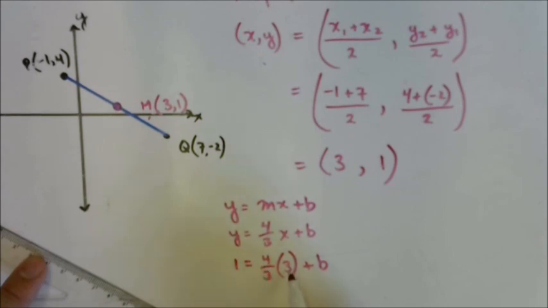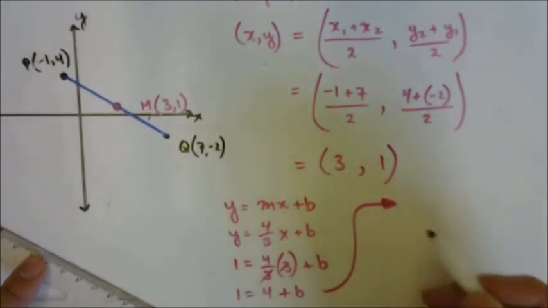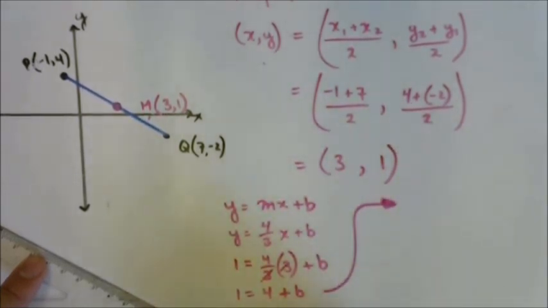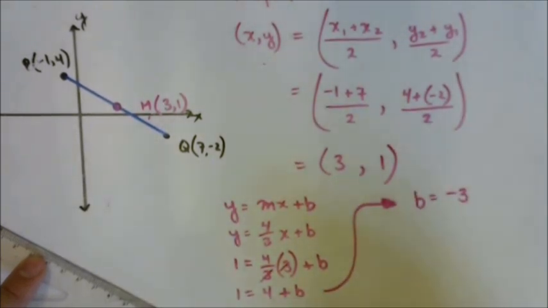4 times 3 is 12, divided by 3 is 4. In a sense, what we've just done is 3 is in the numerator, we've canceled out both our 3's. So we're left with 1 equals 4 plus b. Subtract 4 from both sides, b equals -3.